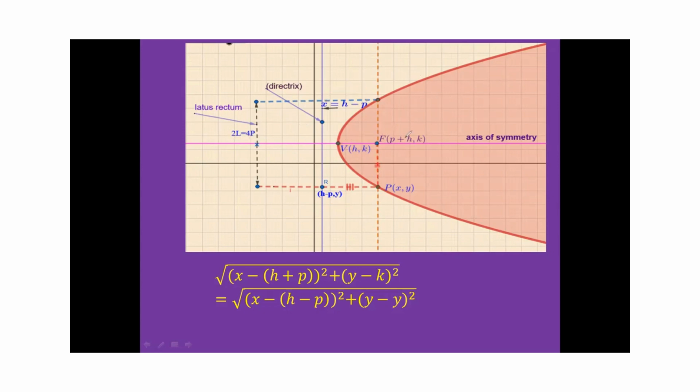Remember that the distance from the focal point to any point on a parabola equals the distance from that point to the directrix.